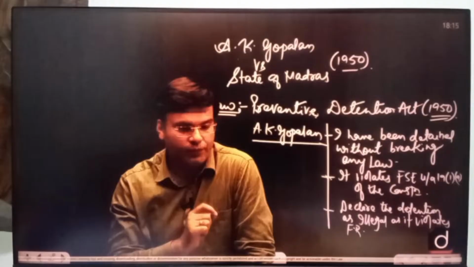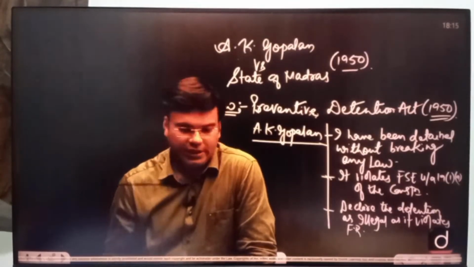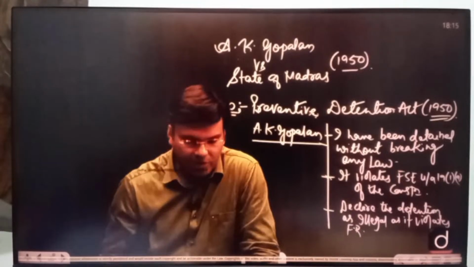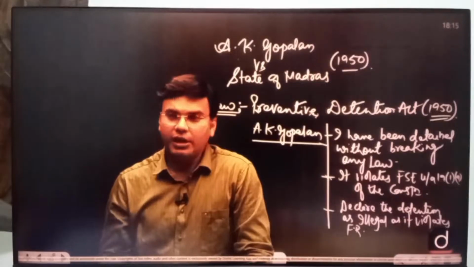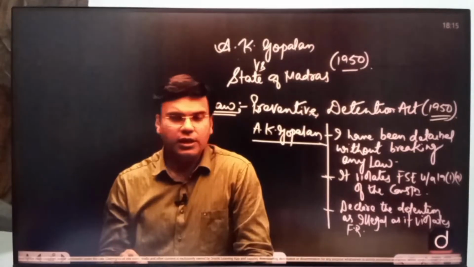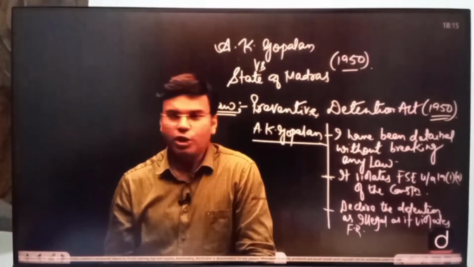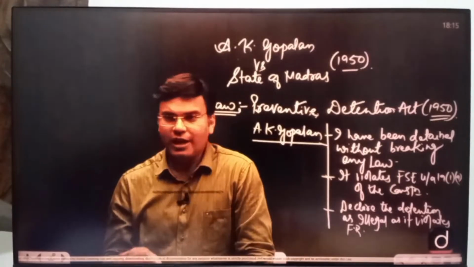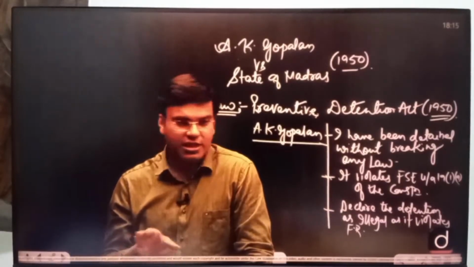The court is trying to explain that the makers of the Constitution are very clear under Article 21 of the Constitution, because they want that you should not have a right to life and personal liberty which cannot be restricted by state legislation.